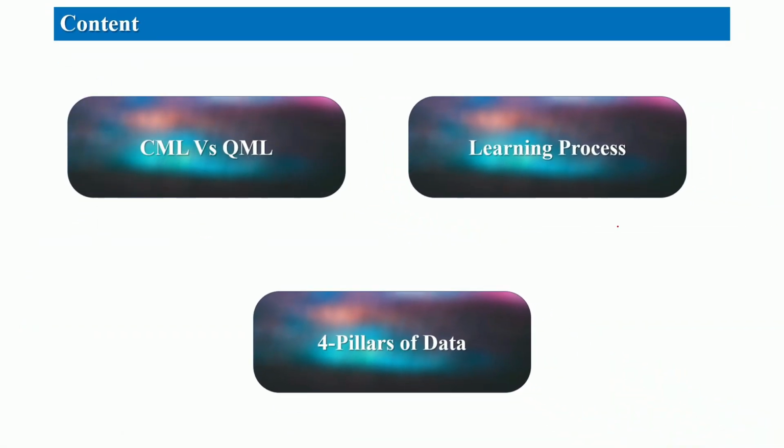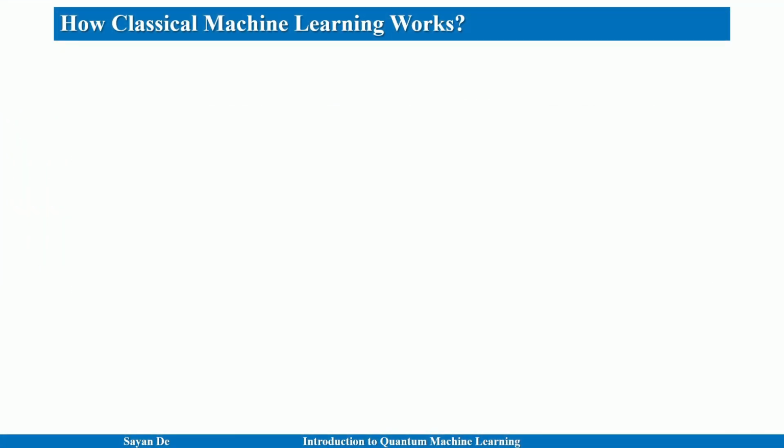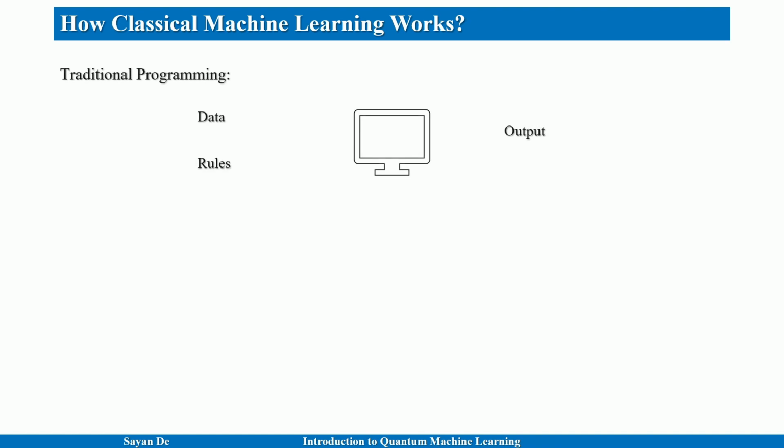Now let us just focus on the learning process of classical and quantum machine learning. Let us just start with how classical machine learning works. But before that, let us understand how traditional programming works. For example, I have a computer like this.